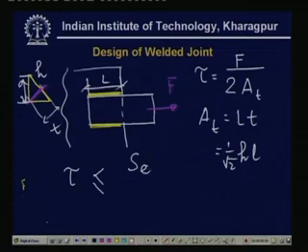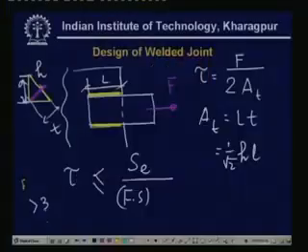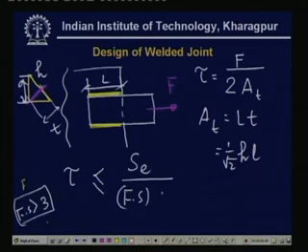So, this is again corrected, and we will have to take into account the load factor here. This is divided by a factor of safety, and the factor of safety is normally taken to be 3 to 4. So, this is greater than 3, which is roughly the practice. Then we have Kf, the fatigue stress concentration factor. So, we must have tau less than AC divided by factor of safety times Kf.